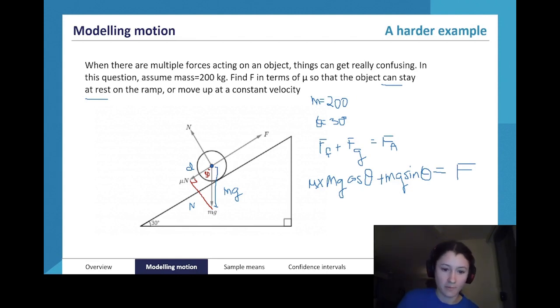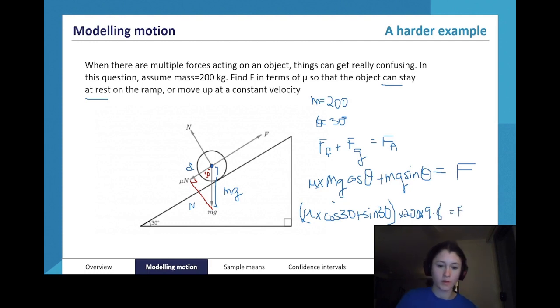So we're going to have mu times, and then we can factorize out the mg, so we're going to get 0.866 mu.